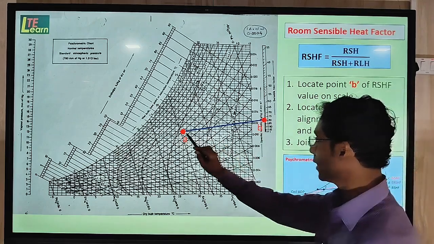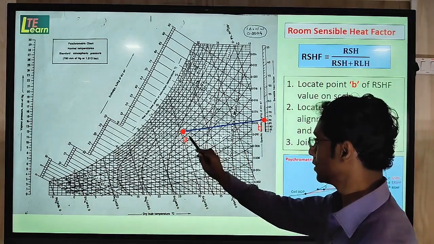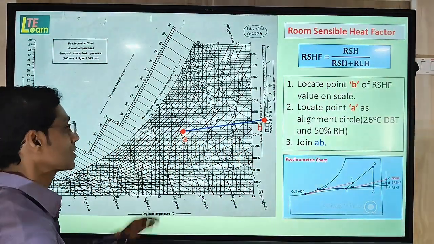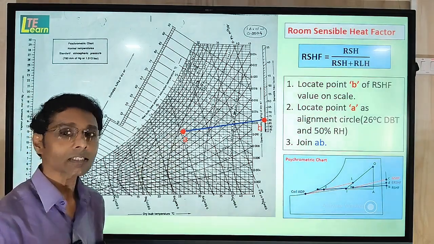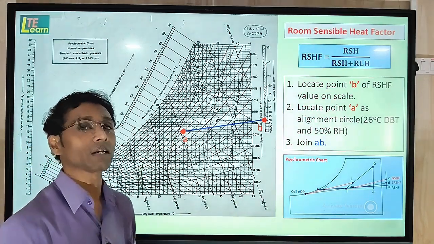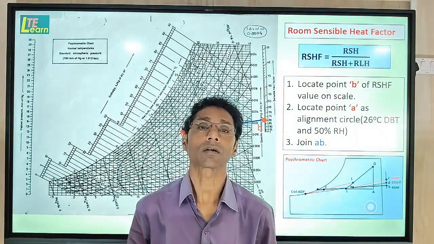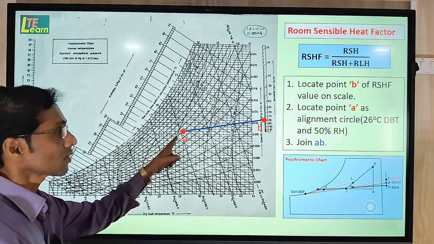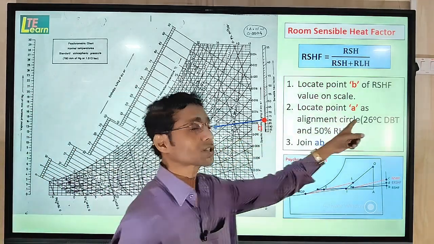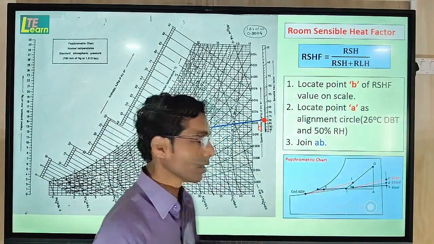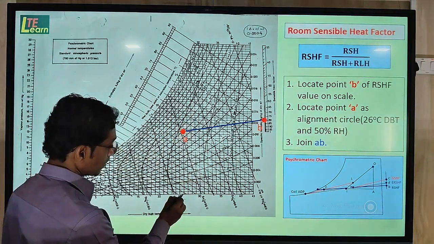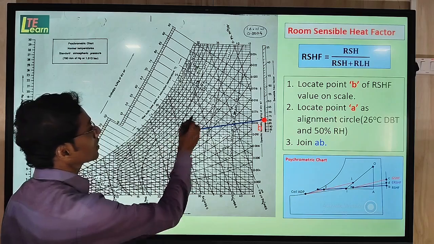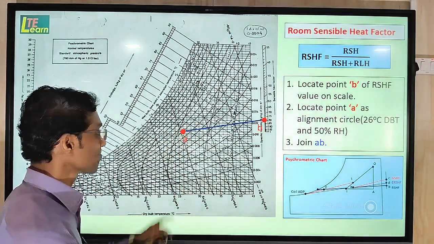After that we locate point A, which is called the alignment circle, which is suggested by ASHRAE, that is the American Society of Heating, Ventilation, Refrigeration, Air Conditioning Engineers. This alignment circle is a reference point which is a combination of 26 degrees Celsius DBT, that is dry bulb temperature, and 50% relative humidity.